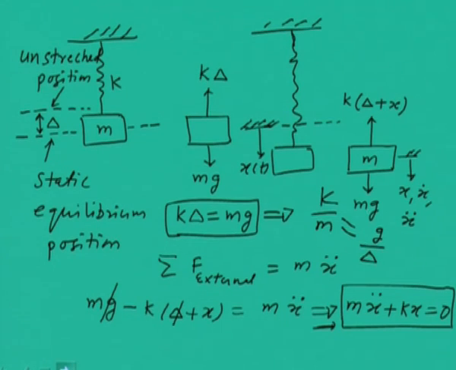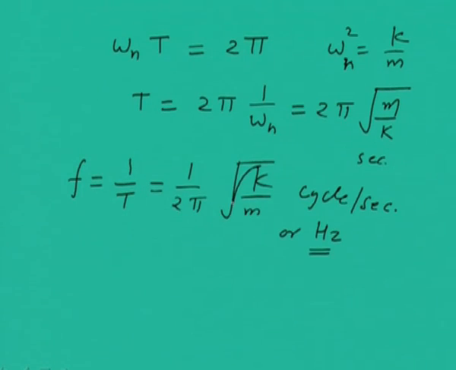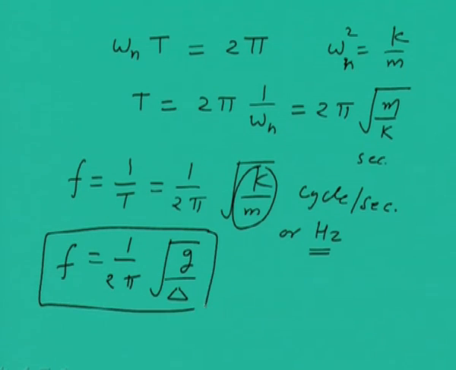So this expression we will be writing here, that will be 1 by 2 pi root g by delta. So frequency is given like this. So you can see that the frequency depends upon the static deflection. Delta is the static deflection of the mass.